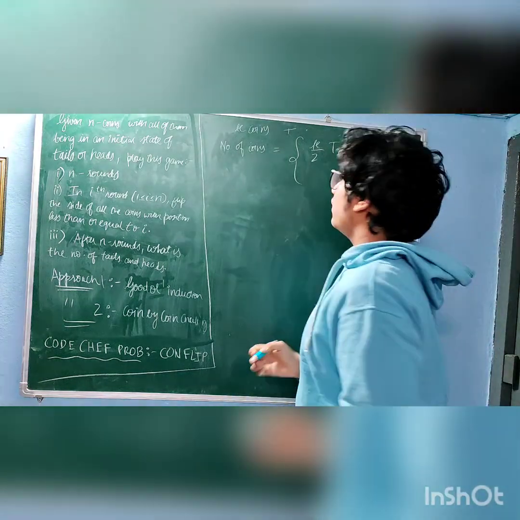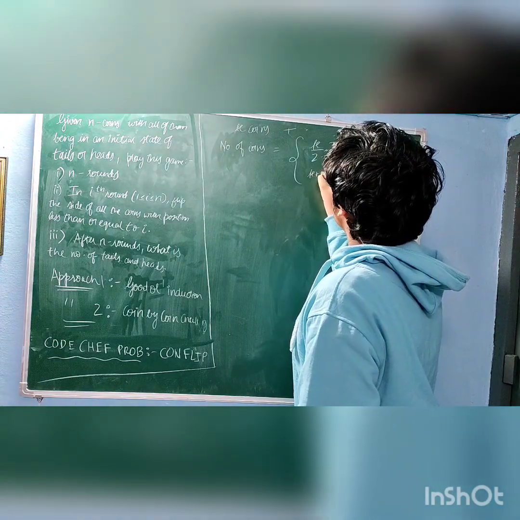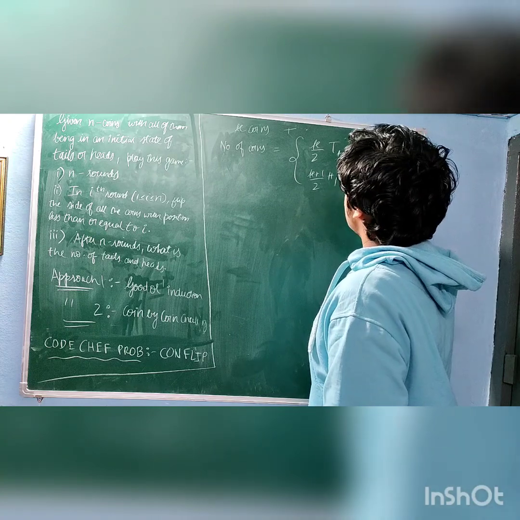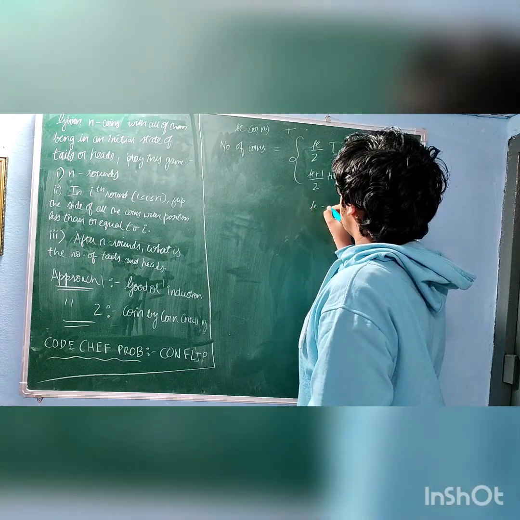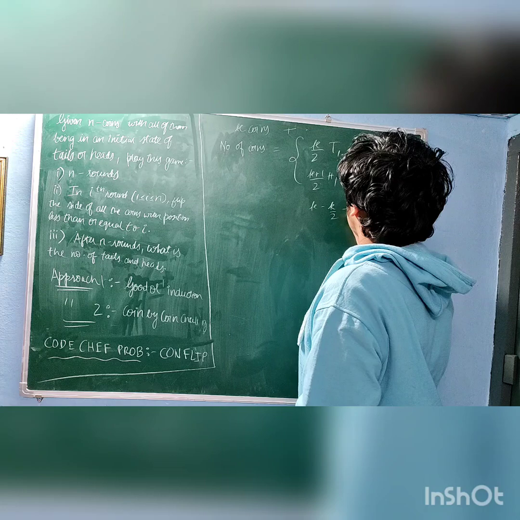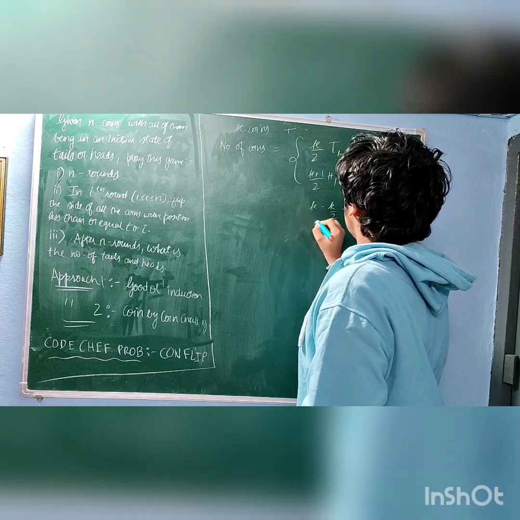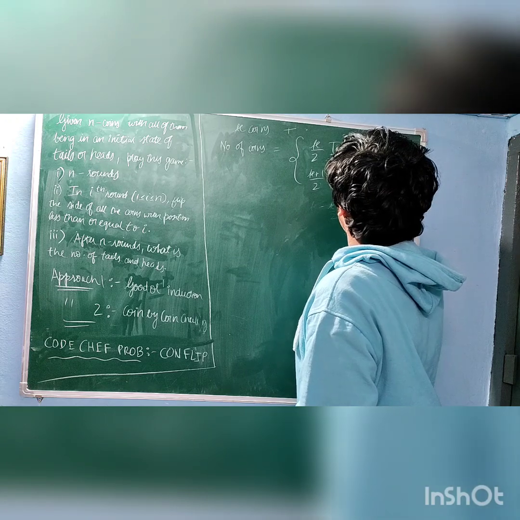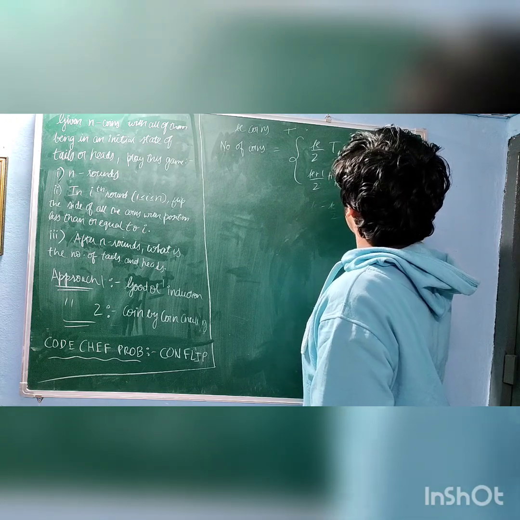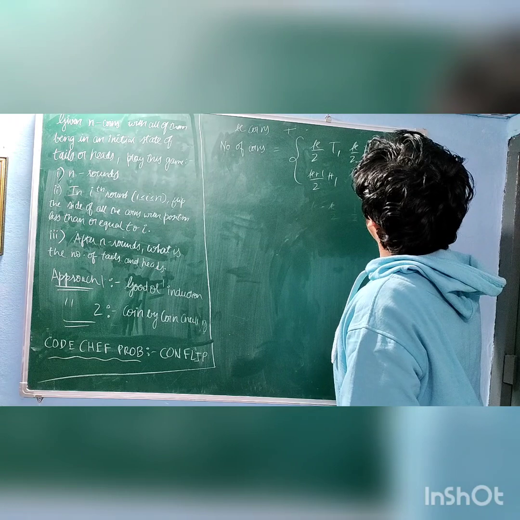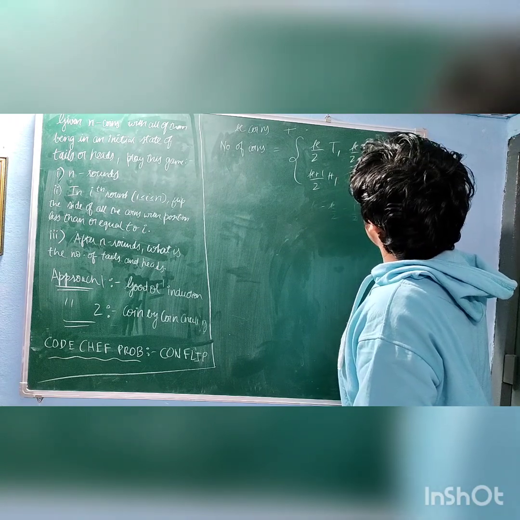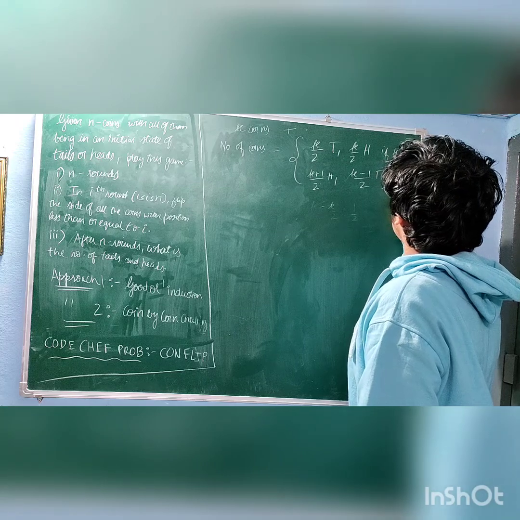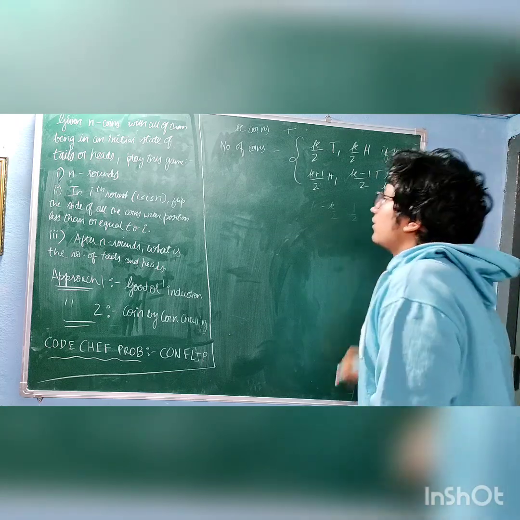Now if k is odd, then k plus 1 by 2 are heads, then the remaining, naturally, k minus k plus 1 by 2, that's equal to k minus 1 by 2, are tails if k is odd.